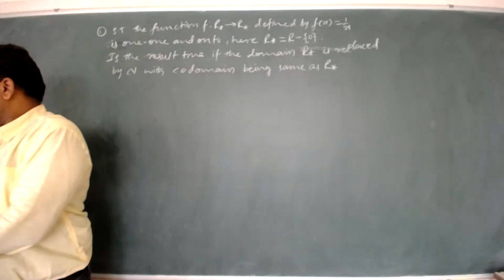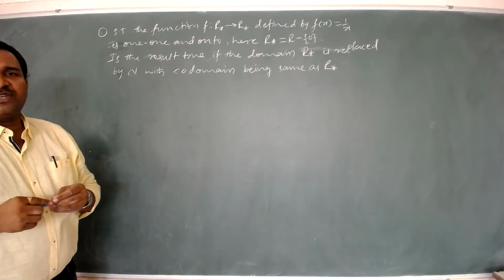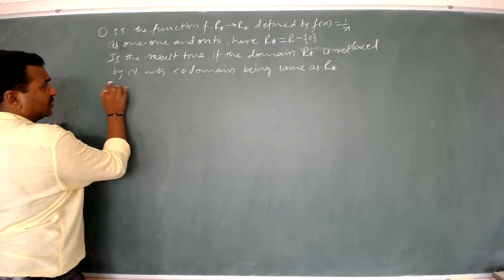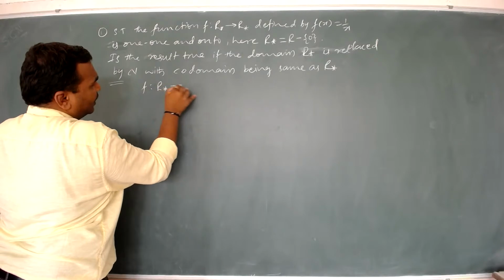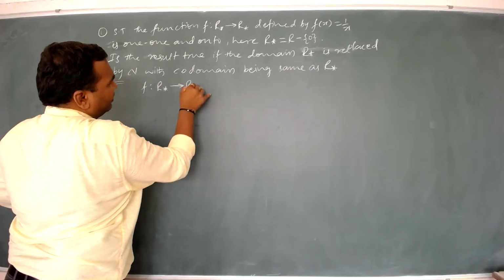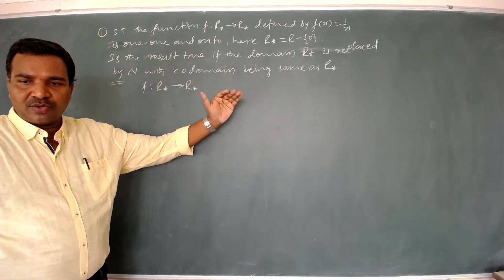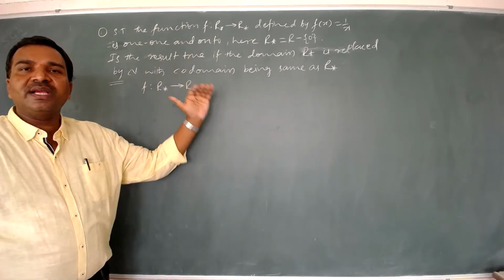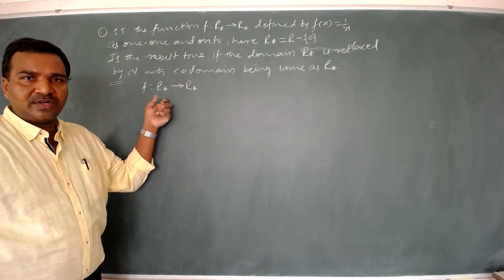I'll explain. First of all, what is the function? F is a function defined from R star to R star. You know that here R star is the real number set except 0, meaning the non-zero real number set is denoted by R star. Symbolically, we can write like this only.